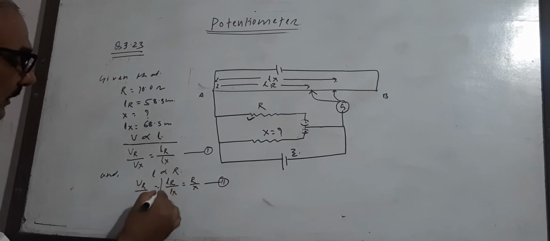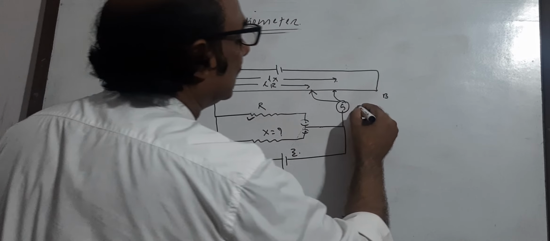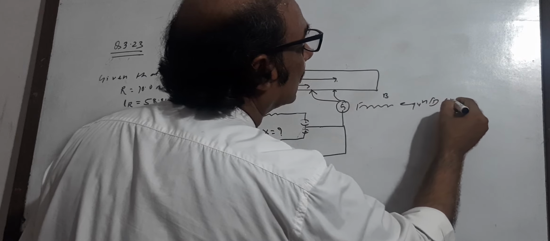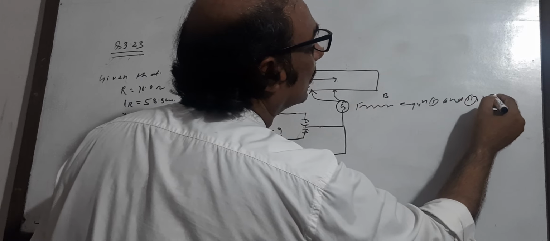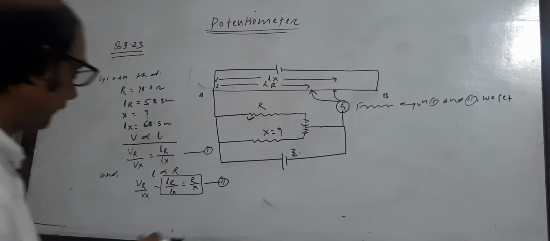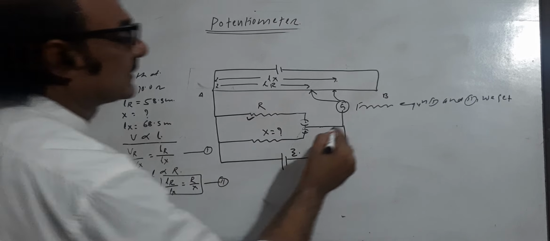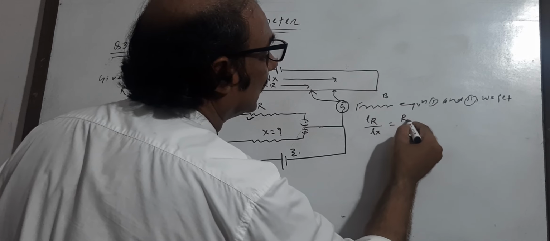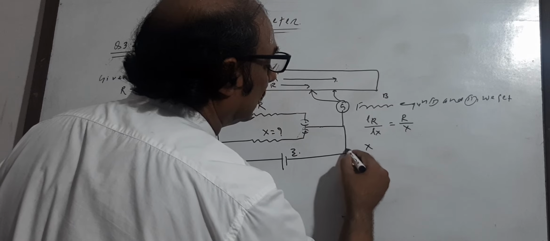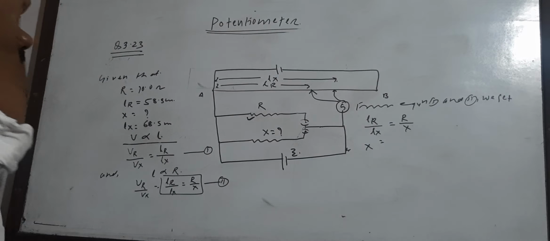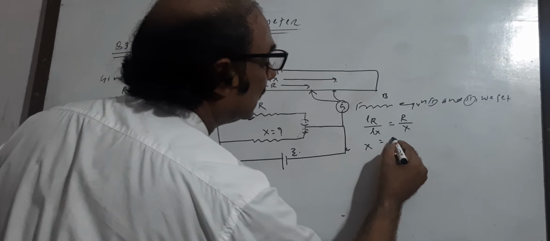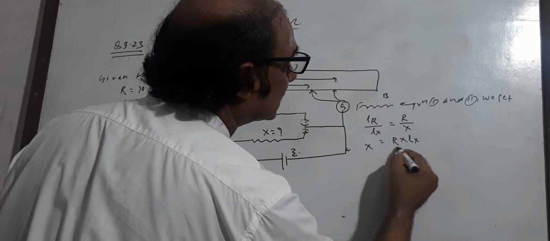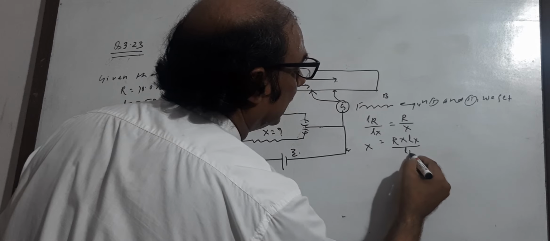Now from equation 1 and 2, we get LR by Lx equal to R by X, or X equal to R into Lx by LR.